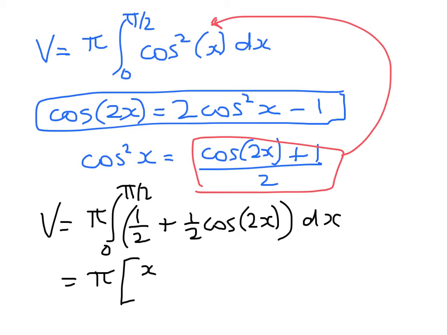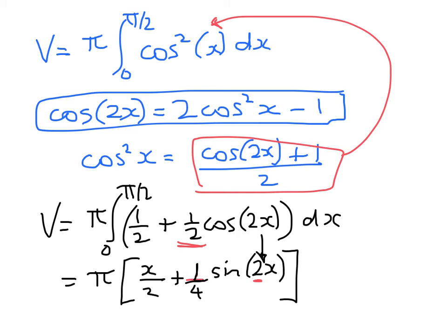So this will be x on 2 plus, taking a look at this, what differentiates to give me cos? Well, it's sine. So it would be sine of 2x, matching up that angle. Now, if I want to end up with 1/2 here, I'm going to be pulling out a 2 here, so that needs to be 1/4, evaluated at pi on 2 and 0.